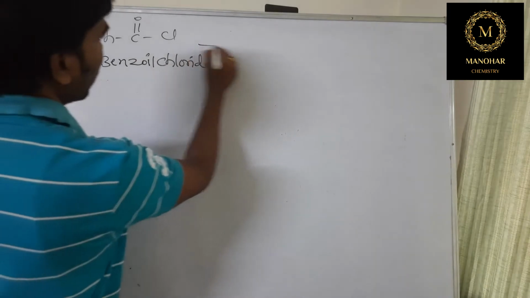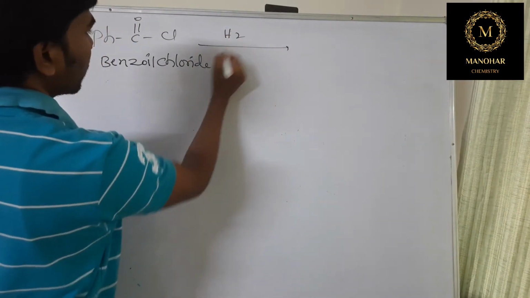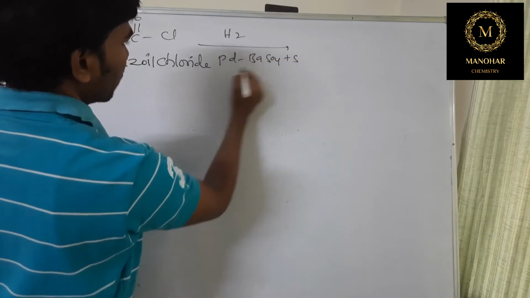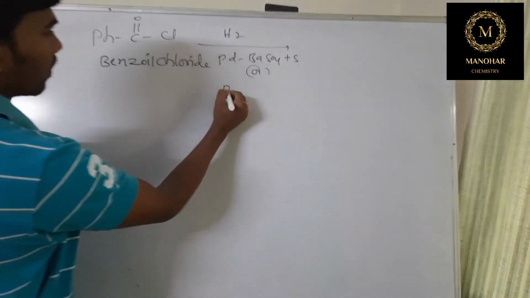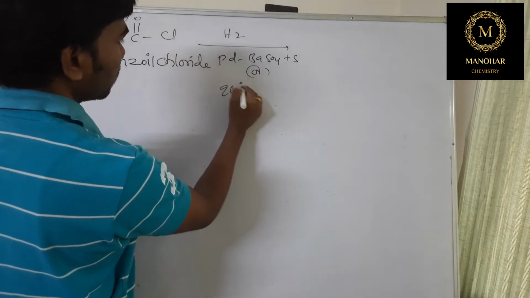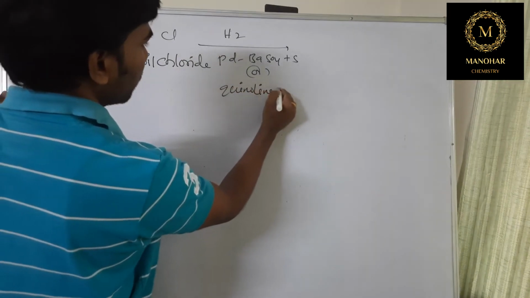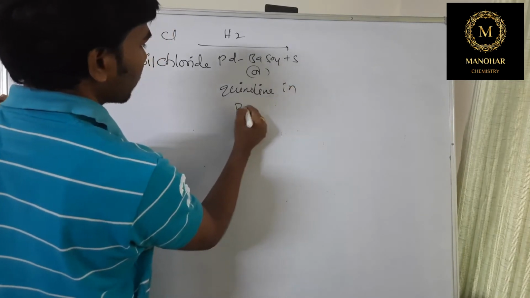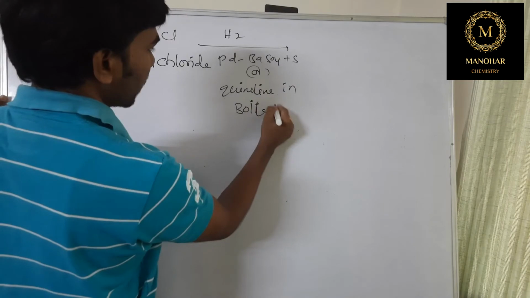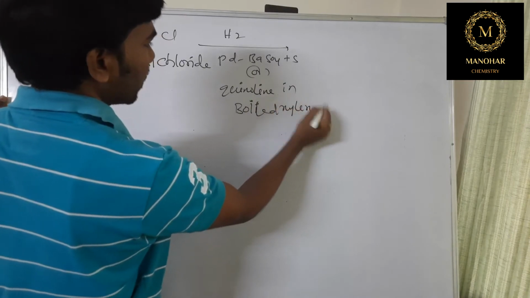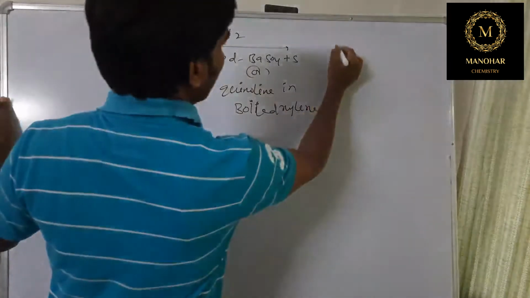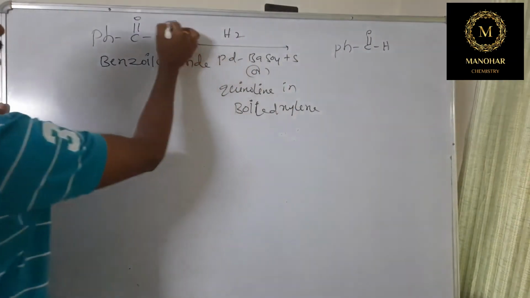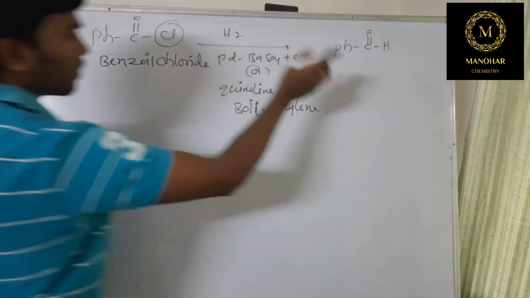So this benzoyl chloride, when reacting with hydrogen in presence of palladium barium sulfate plus sulfur, or we can say quinoline in boiled xylene I am taking, then it is going to form PhC double bond OH. Simply here this chlorine is replaced by the hydrogen so that it will form.